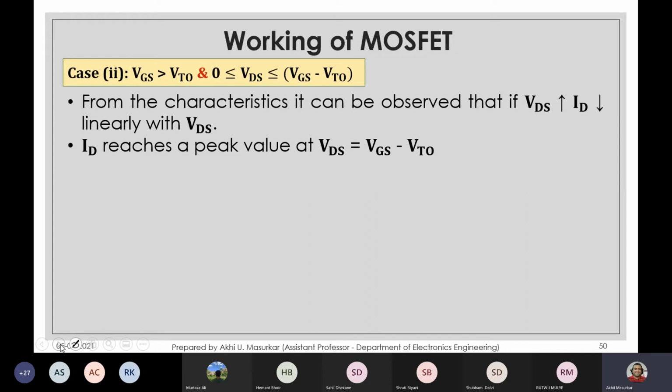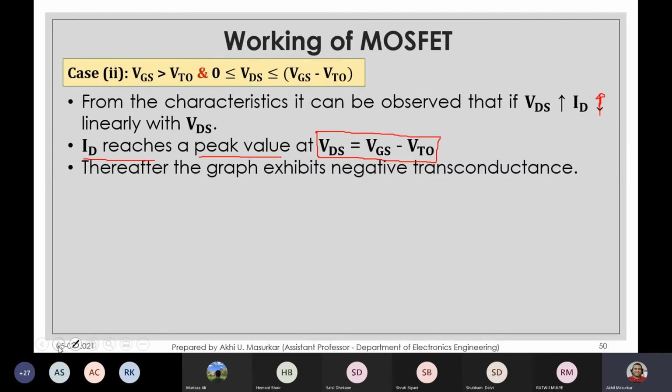From the characteristics, it can be observed that if VDS increases, ID increases linearly with VDS. ID reaches a peak value at VDS equal to VGS minus VTO.